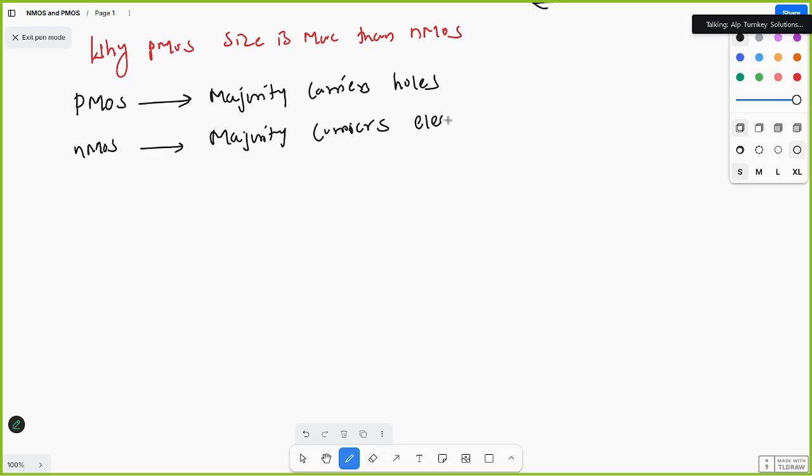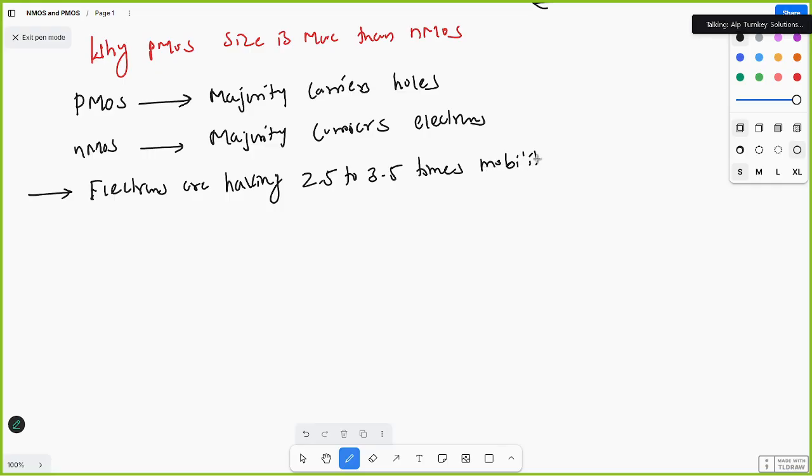So that means electrons have 2.5 to 3.5 times the mobility compared to holes, as I told you: the mobility of electron is more than the mobility of holes.